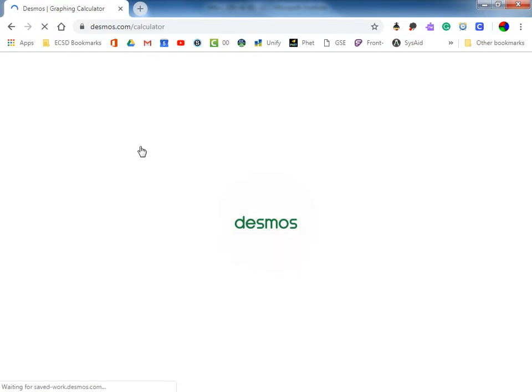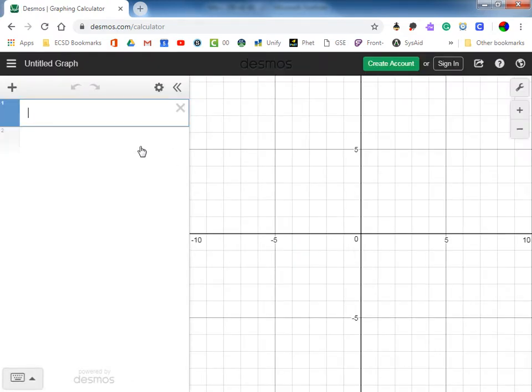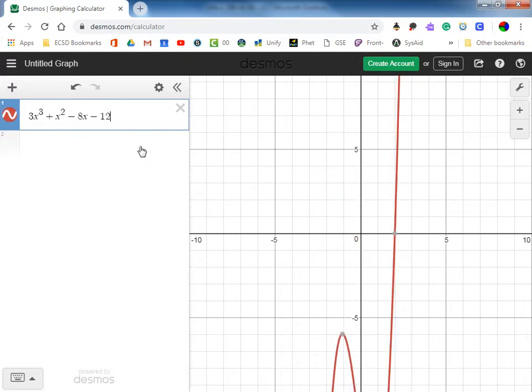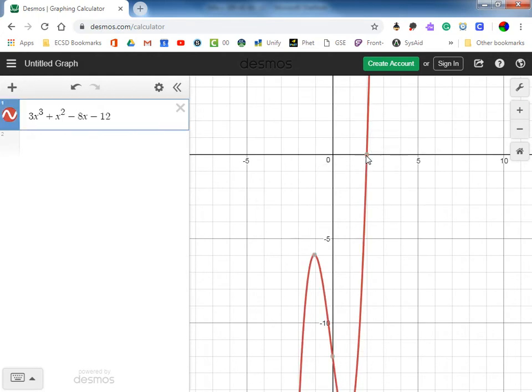So I'm going to graph number 4 for you. 3x to the third power plus x squared minus 8x minus 12. Did I type it right? Yep. Alright, what is that number? 2. So if you have no idea from all the possible solutions by René Descartes' theorem, you can use the TI-84 and use that number. Okay?